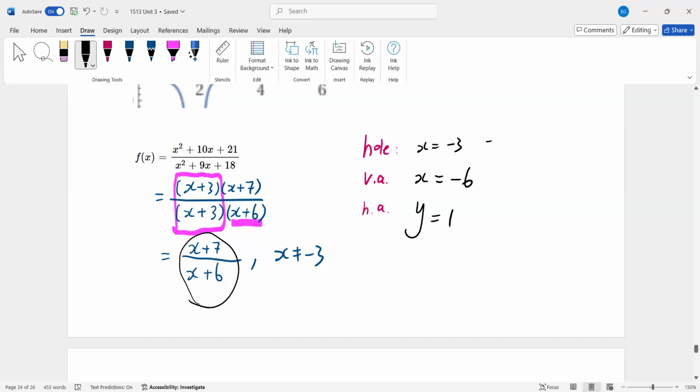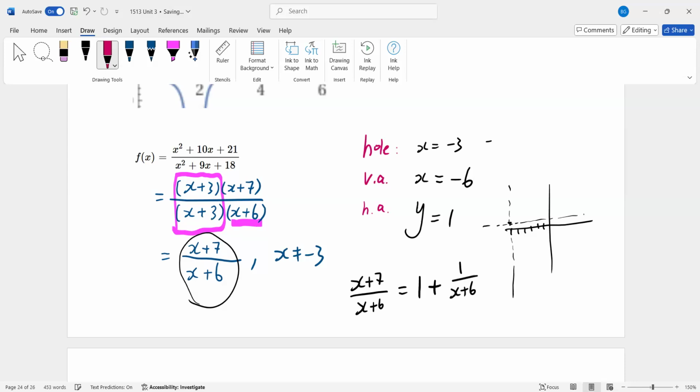Does that sound okay? So x plus 7 over x plus 6 is 1 plus 1 over x plus 6. So basically the mother function, the reciprocal function, moves to the left 6 units. So negative 6, comma 1: 1, 2, 3, 4, 5, 6, comma 1. The graph is going to be like this.